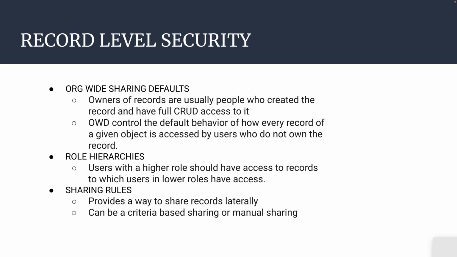It can start all the way from private, where nobody can see anything except for my own record. So I created this, so I have access to it. Nobody else can see that. The person sitting right next to me created his own contacts. Only they can access their contacts and I can access my contacts and you can access your contacts and that's it. That is called the private model.